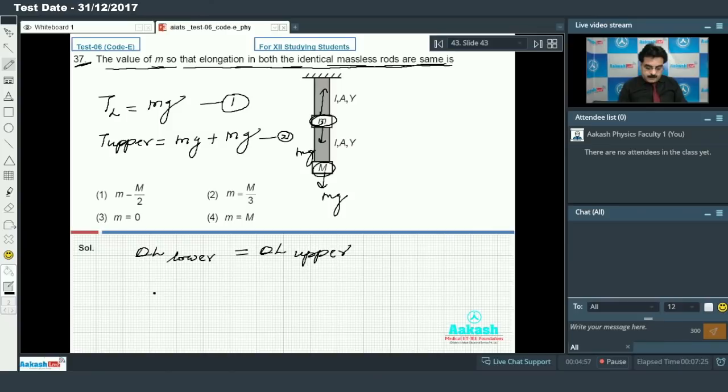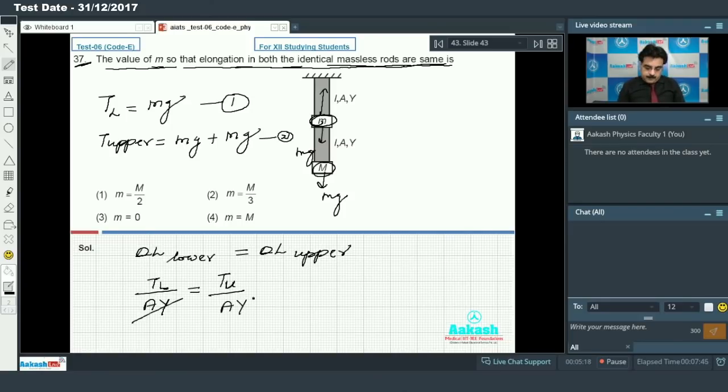So elongation is calculated by the force, tension in the lower part upon area into Young's modulus, and that is equal to tension in the upper part, divided by area of cross section and Young's modulus of the material.